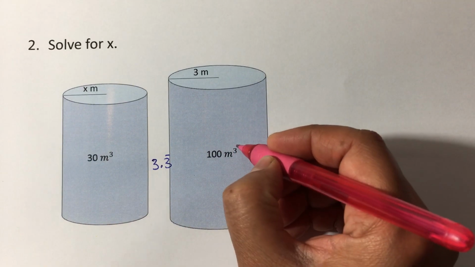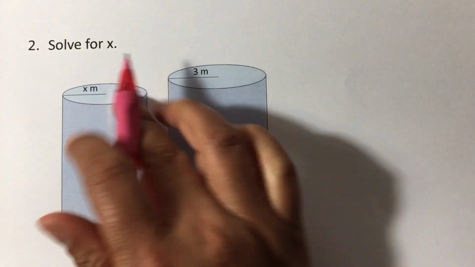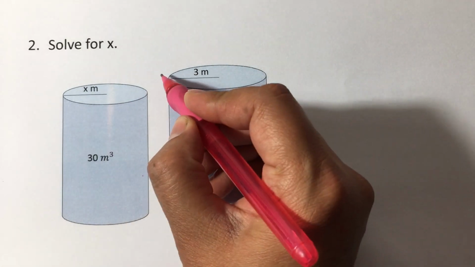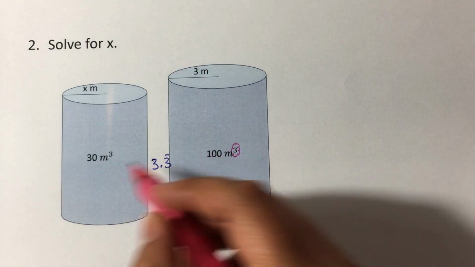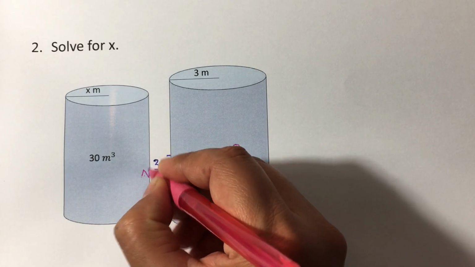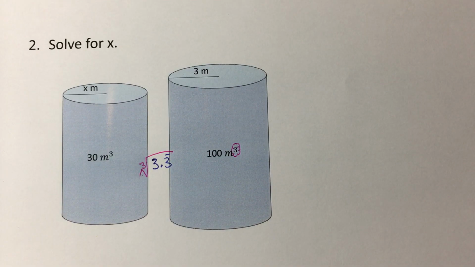I say, if you have the cubic, cancel it. So when you don't have the cube, like in number 1, you put it. When you have that cube in the measurements that you divided, you take it away. How? With the opposite, which is the cubic root.